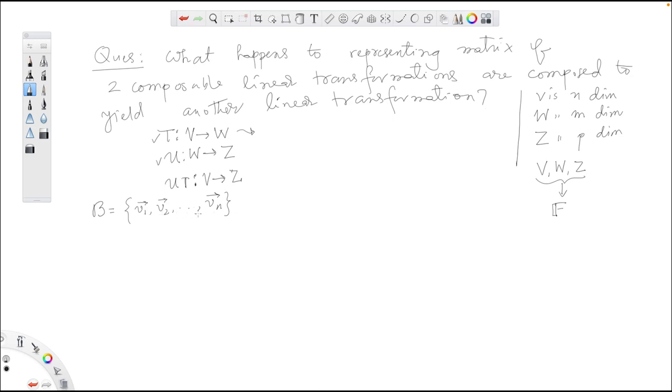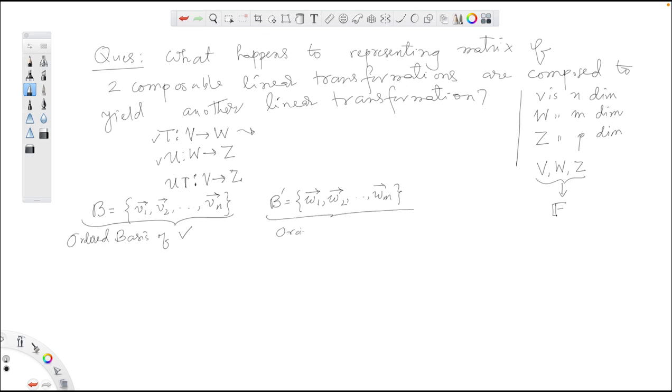There are n vectors in this basis set since V is n-dimensional, so this is going to be an ordered basis of the vector space V, and then let us denote by B prime an ordered basis of the vector space W, and this is an m element set, and the vectors are denoted by w1, w2 all the way up to wm.